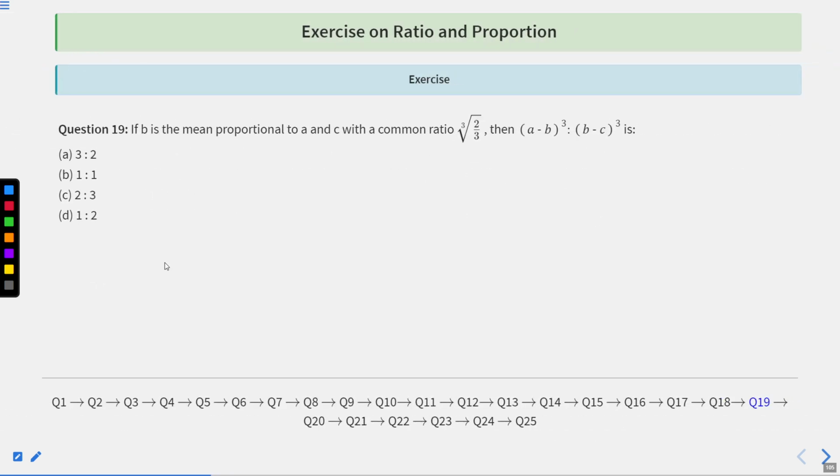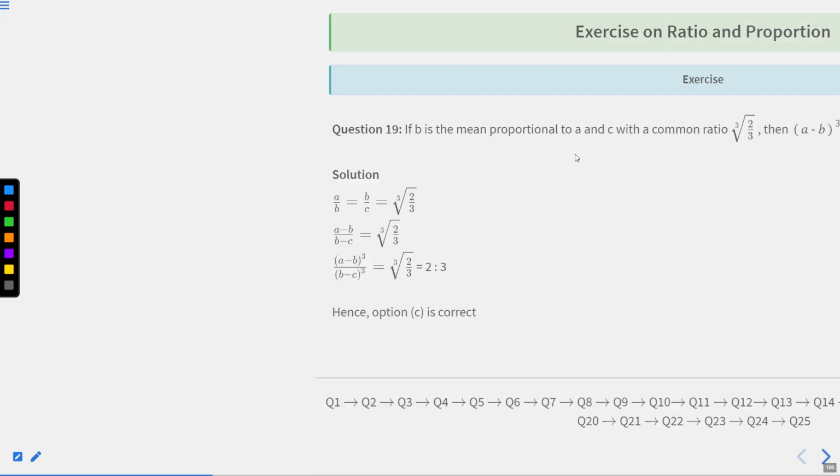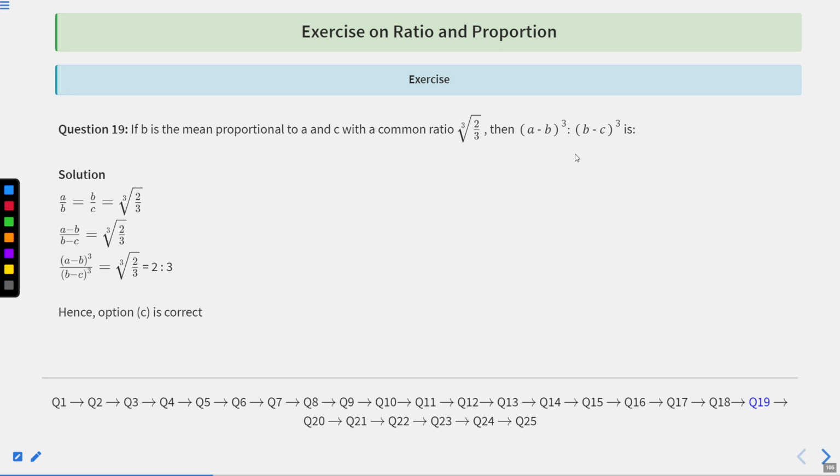Now question number 19. If B is mean proportional to A and C with common ratio (2 upon 3) to the power 1 by 3, then (A minus B) whole cube is to (B minus C) whole cube is. Here we know A upon B equal to B upon C equal to (2 upon 3) to the power 1 by 3.